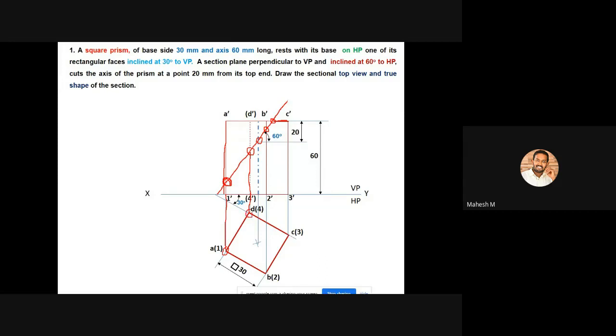So this is one more cutting point. And the axis is a vertical line, so it will look like a point. So you don't have to project up to the center point. That is not necessary. And this 4th cutting point is available at B dash 2 dash. So you can project up to this point. It is already projected.